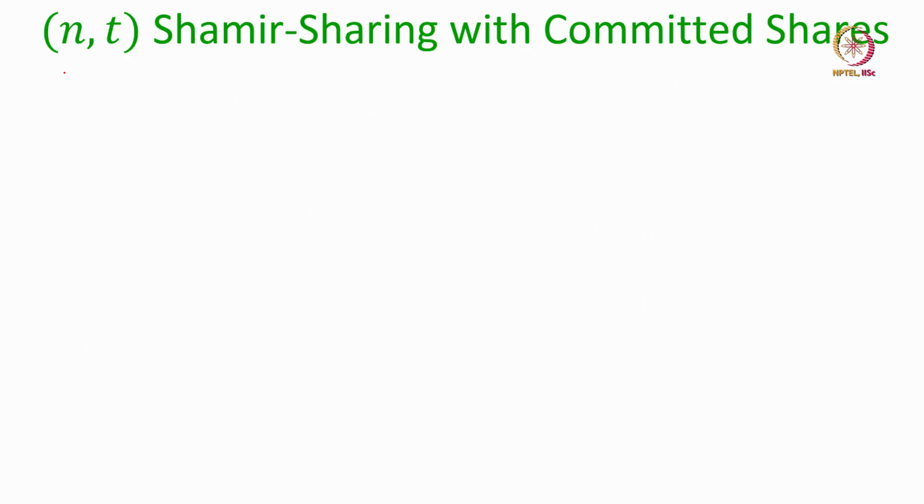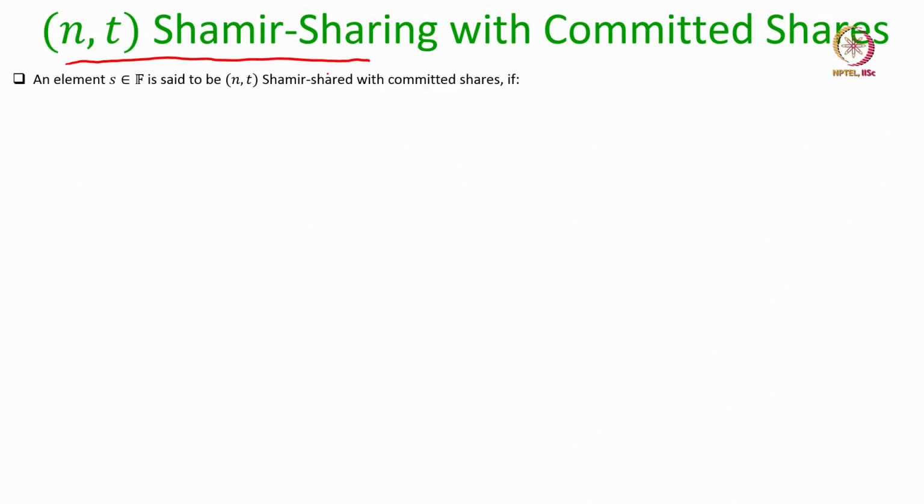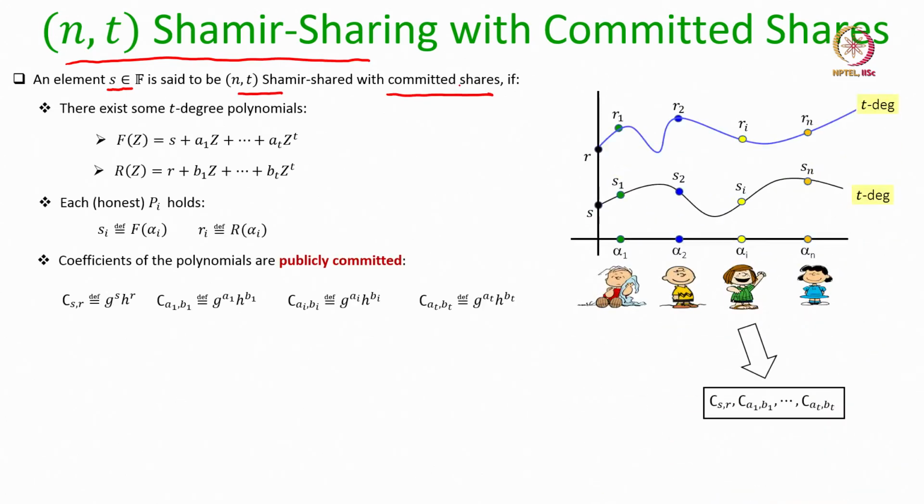Now, based on that we define a new form of secret sharing. We call it Shamir secret sharing with committed shares. Imagine you have a value s from the field. We say that it is Shamir secret shared with committed shares if the following holds.